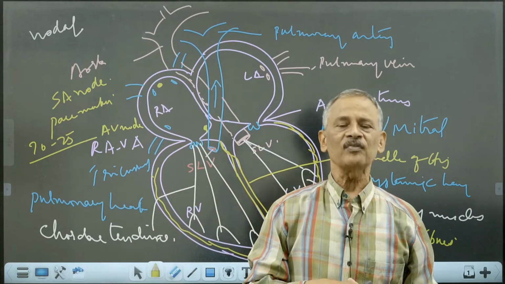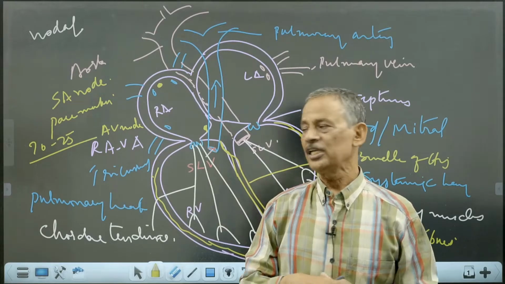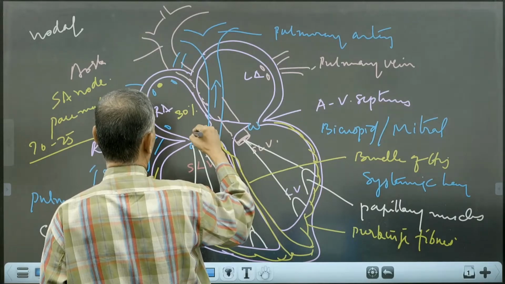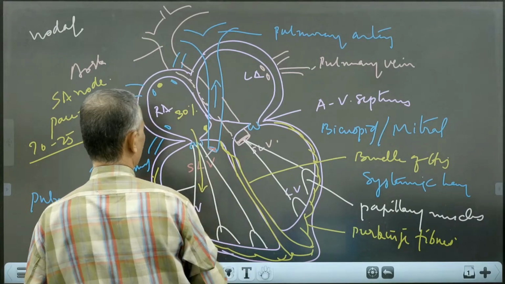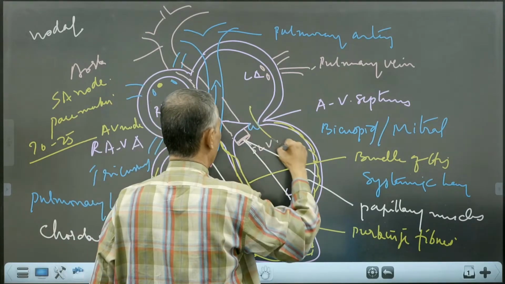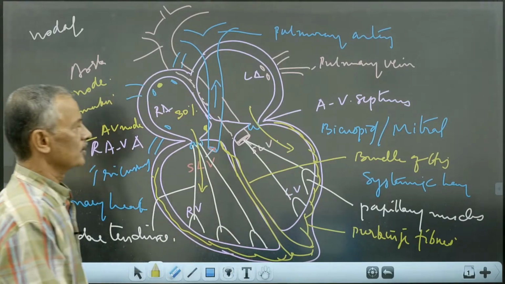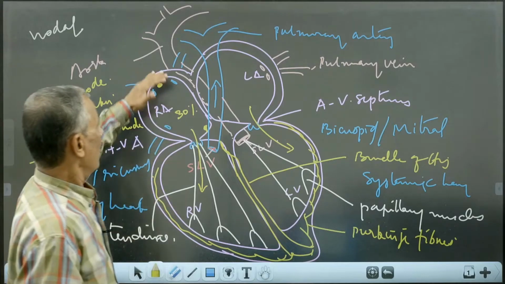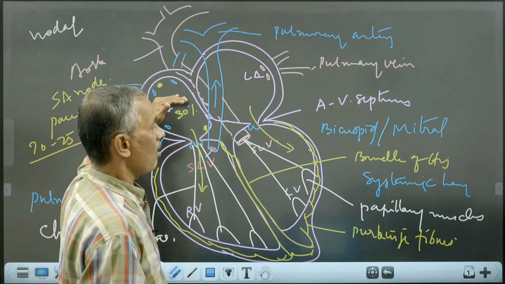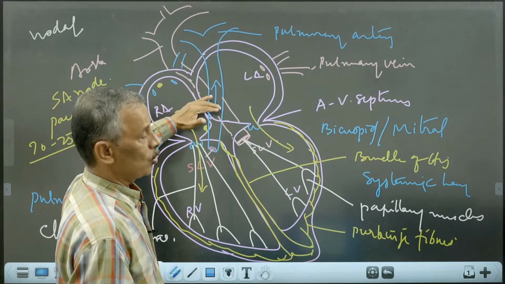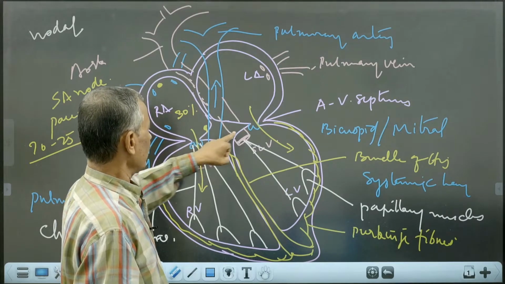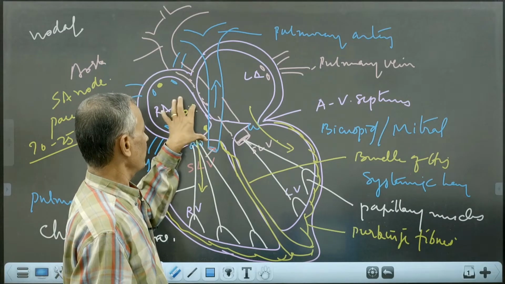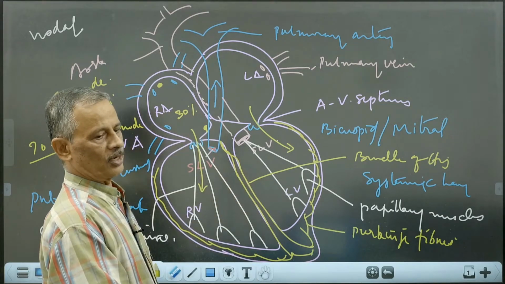So because of that pressure, 30% of the blood enters from atria to the ventricle. Ventricle is not contracting this time. So this is called atrial systole. During atrial systole, tricuspid and bicuspid valves are open and blood flows from atria to the ventricle.